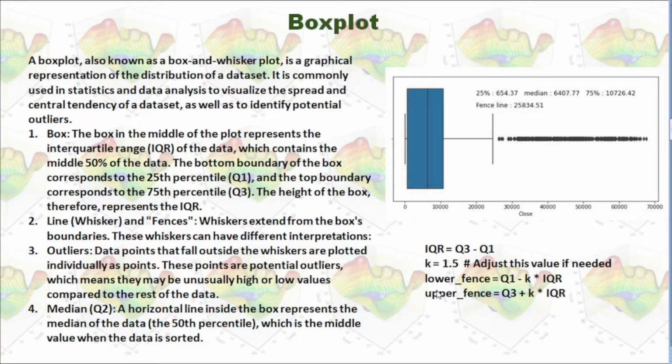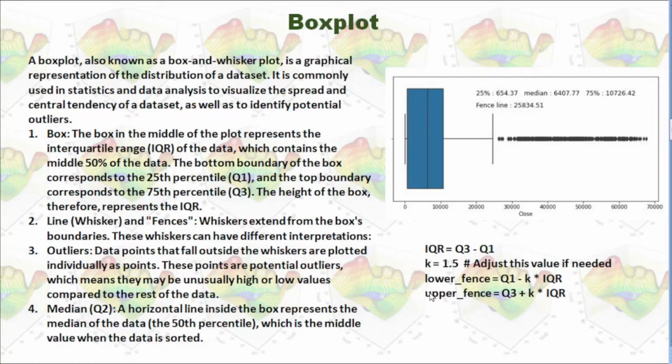And there is a factor K here. Usually we use 1.5. Of course, you can adjust that based on your needs. And then we can decide the lower fence with this formula and the upper fence with this formula.